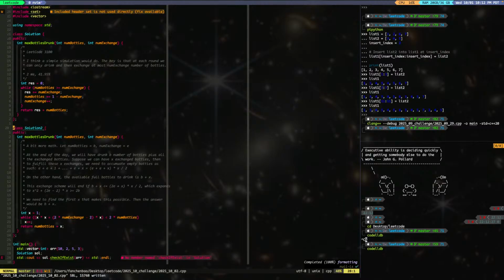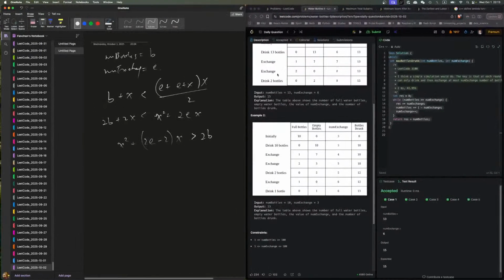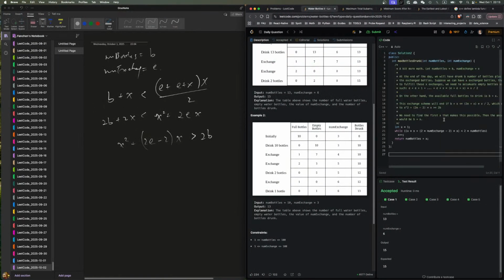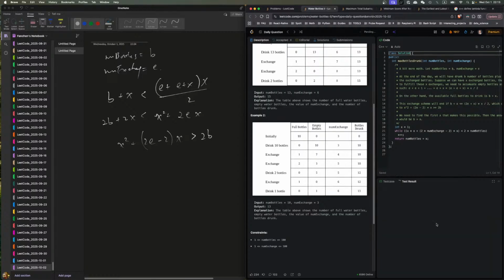Okay, let's give this a shot. That ain't right. The first one's not right. Output 16, expected 15.